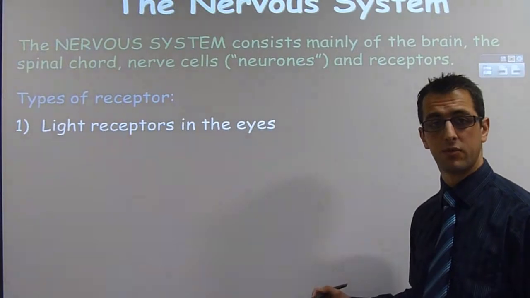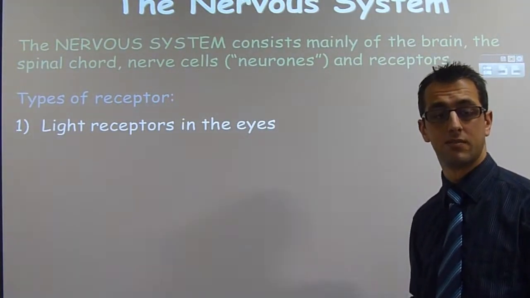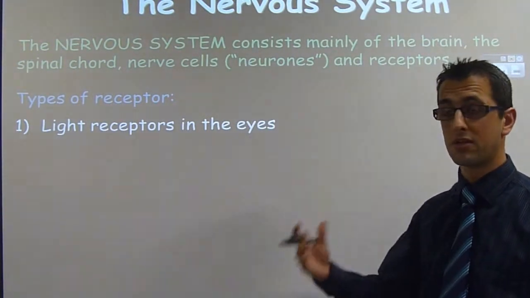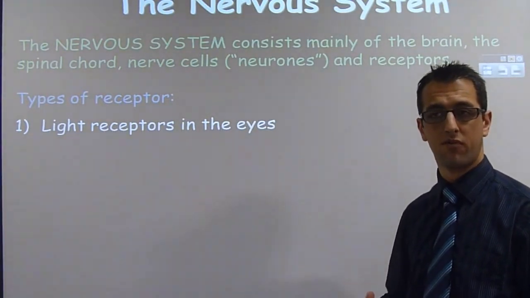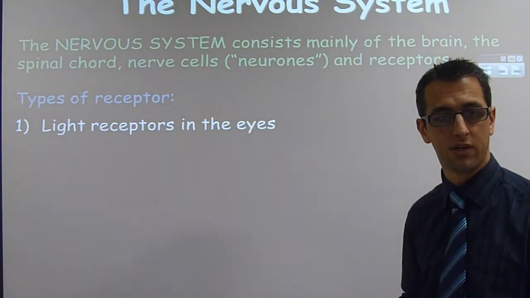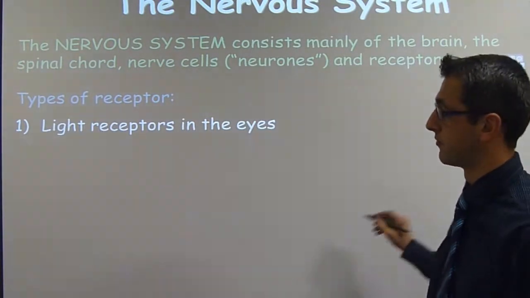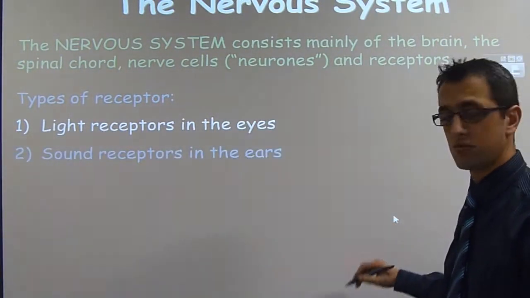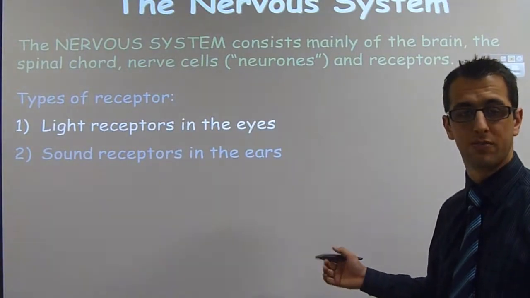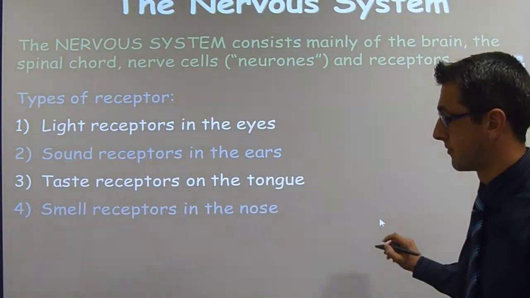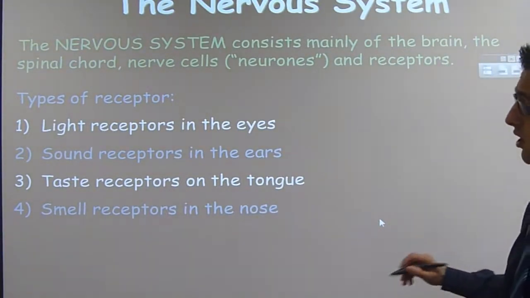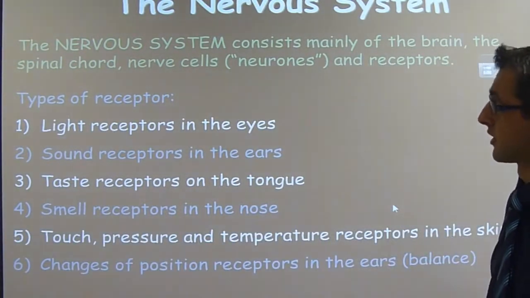From a homeostatic point of view, it's very important that an organism is able to monitor those changes and respond accordingly so that it can protect itself from any danger or risk of dying or whatever might be the problem for them. Similarly for sound, responding to dangers, being alert, knowing when to run away, whatever that may be. And there's a whole host of different ideas of which that could be.